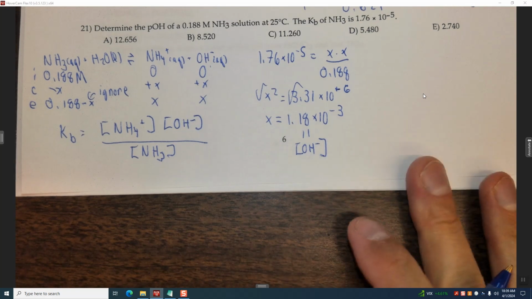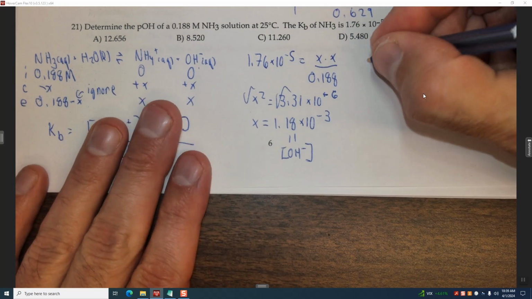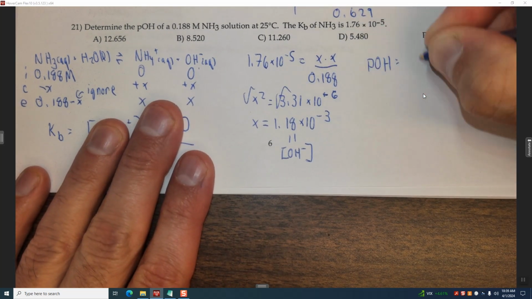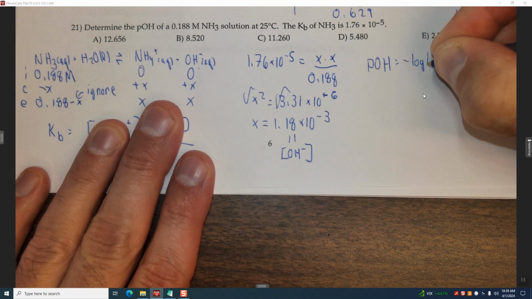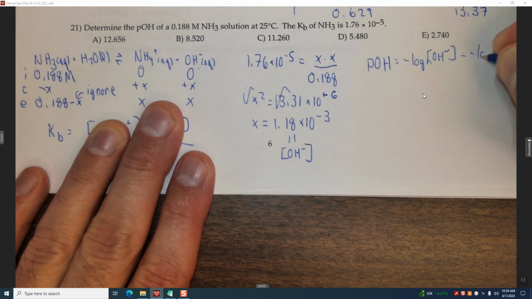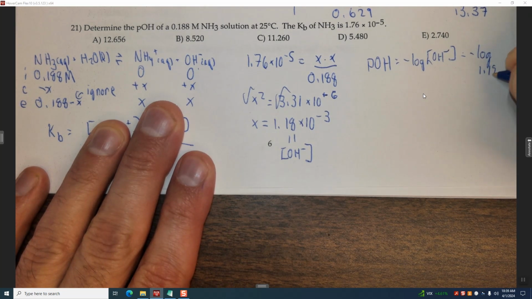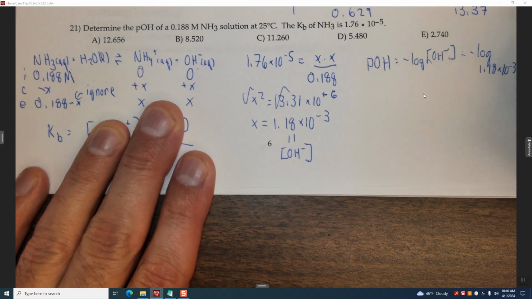So now we can do exactly what we did in the previous question. We have the concentration of OH minus, and we want to find the pH. Well, the first thing to do is find the pOH, which equals the negative log of the OH minus concentration, which is the negative log of 1.18 times 10 to the negative 3.